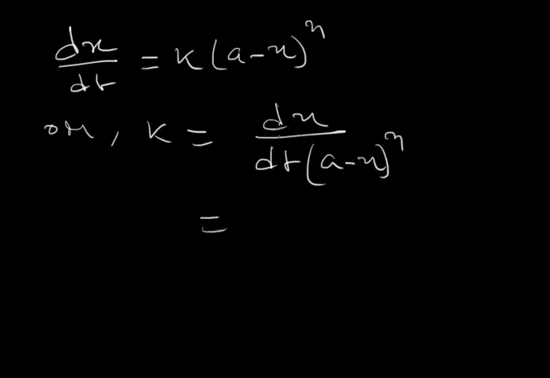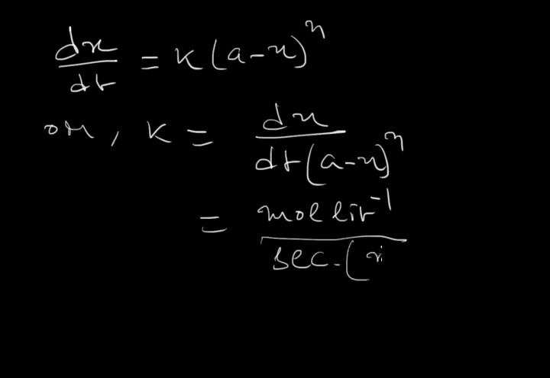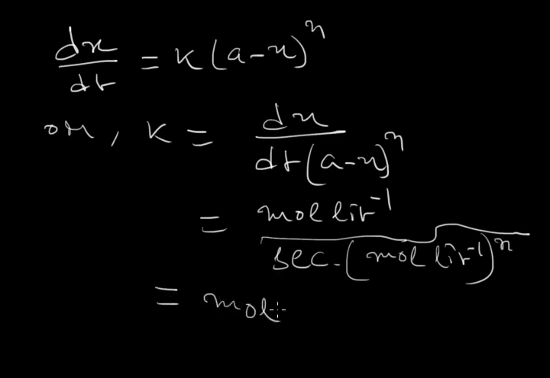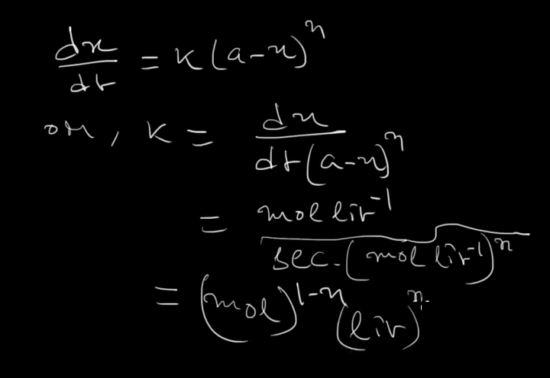Now, dx is change of concentration, so its unit is mole liter inverse, dt has unit second, a minus x has same unit, mole liter inverse, whole to the power n. So the unit becomes mole to the power 1 minus n liter to the power n minus 1 second inverse.